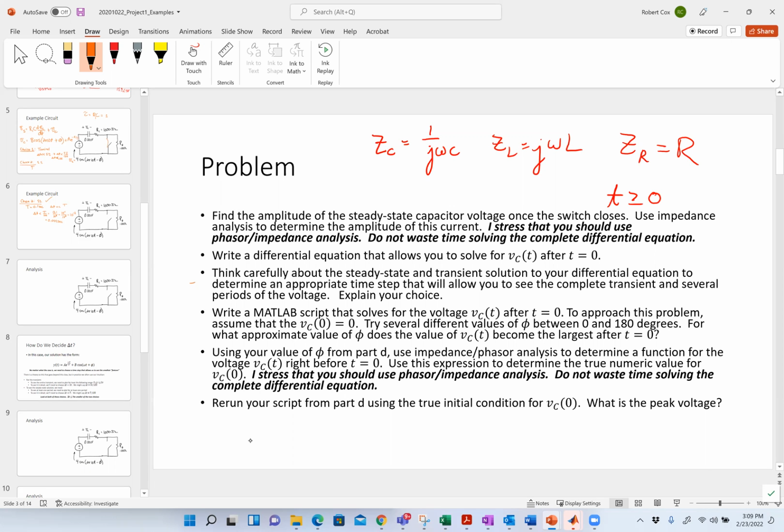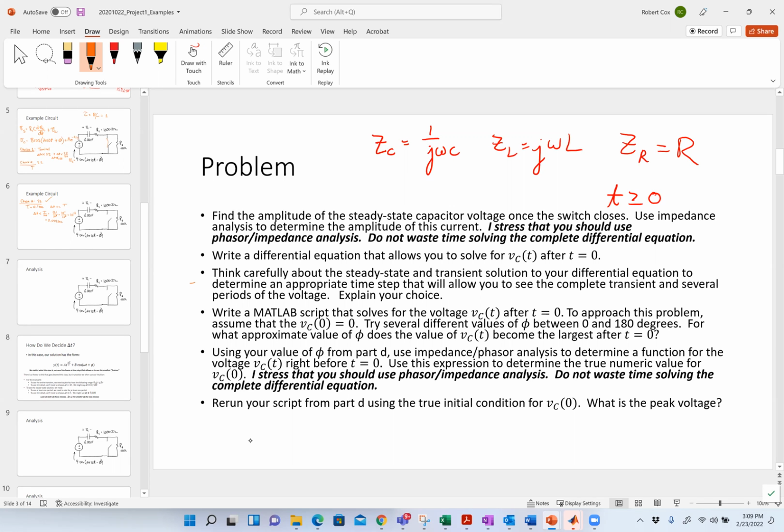Now, I also say try several different values of phi between 0 and 180 degrees. For what approximate value of phi does the value of V sub C of t become the largest after t equal to 0? So in other words, the value of phi kind of matters. It changes what the initial condition does.